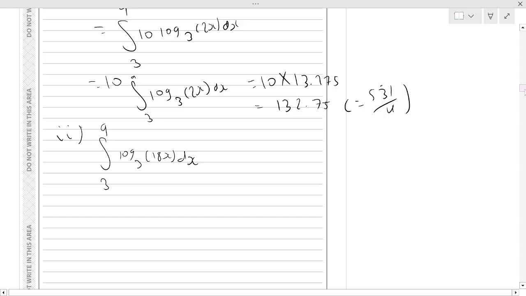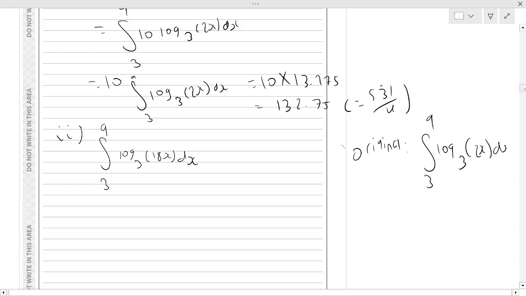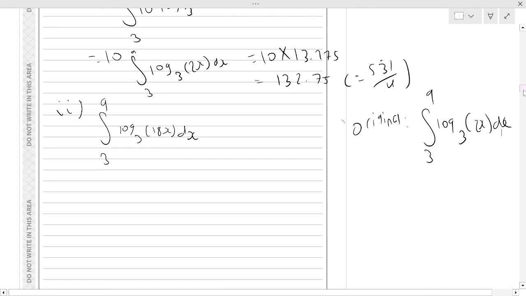Well, this one, again, I'm going to rewrite the original here to make it clearer, side by side. That's 9 and 3 of log 3 of 2x dx. But we have 18.